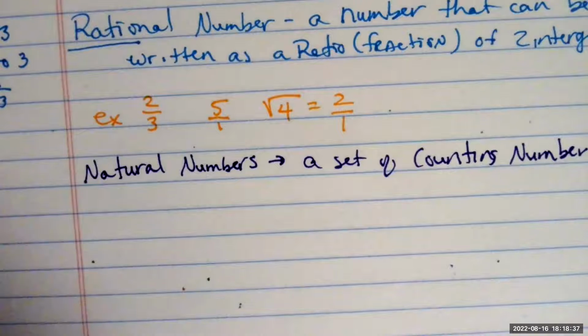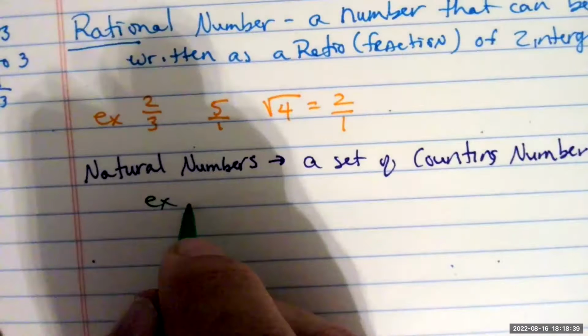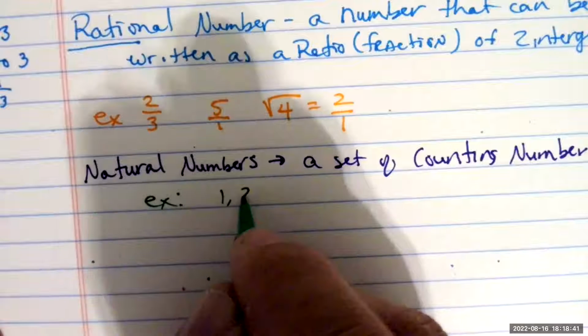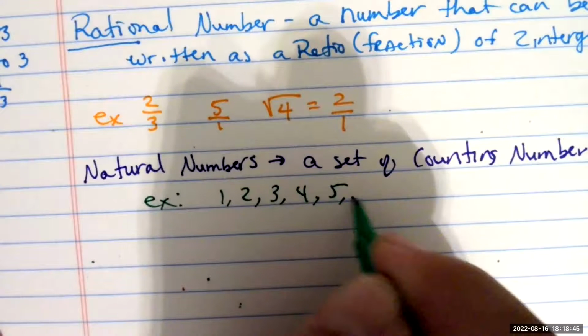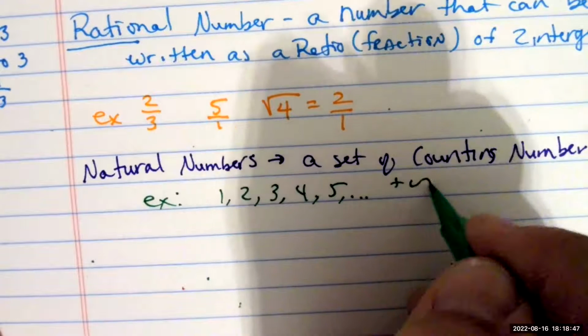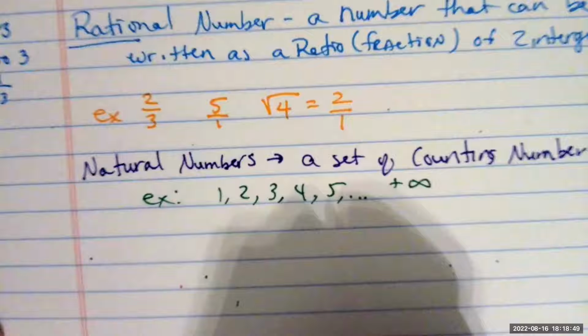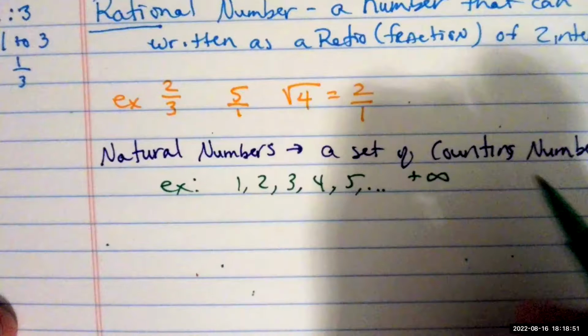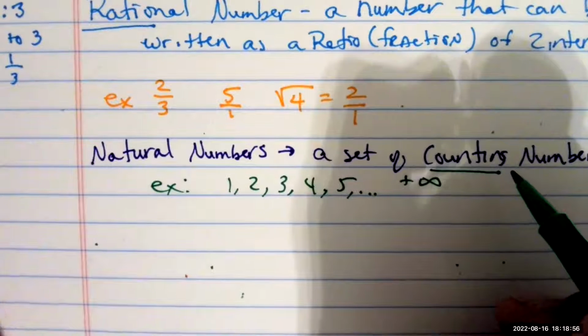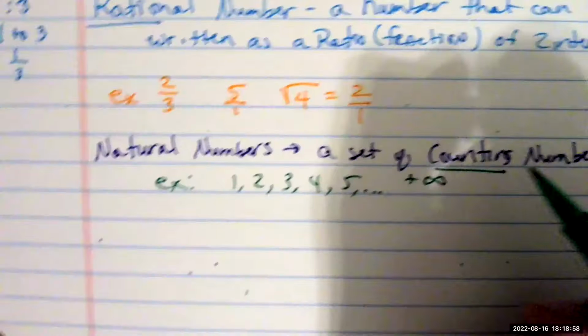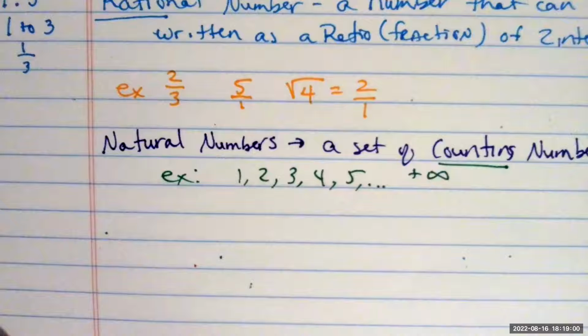And so here's an example: 1, 2, 3, 4, 5. And we're going to say this can go on forever, to positive infinity. Natural numbers, remember, is also, it says right here, a counting number. So if you see something that says, what are the counting numbers? That's a natural number. It's the same thing.